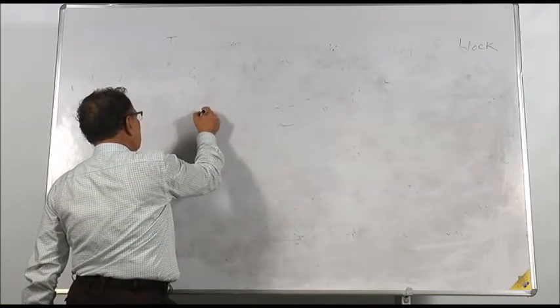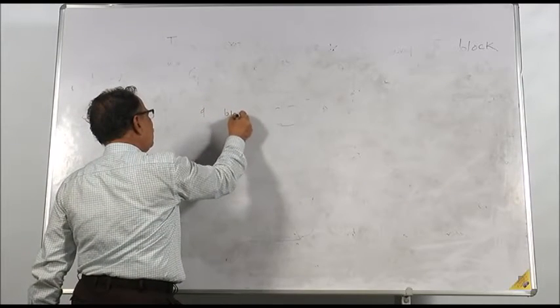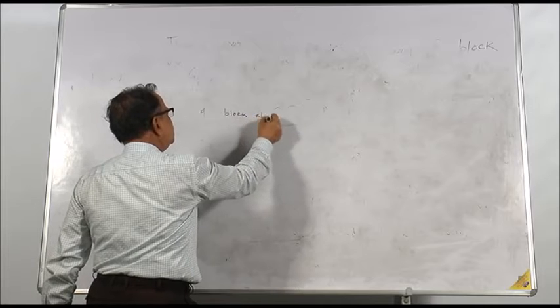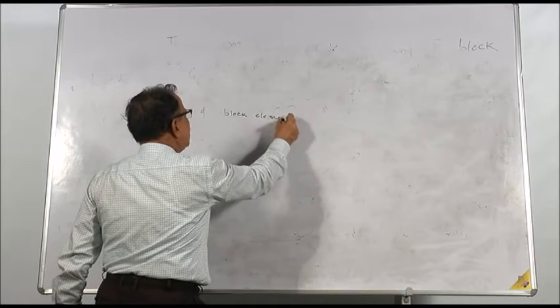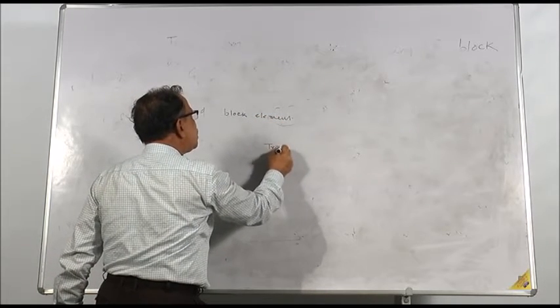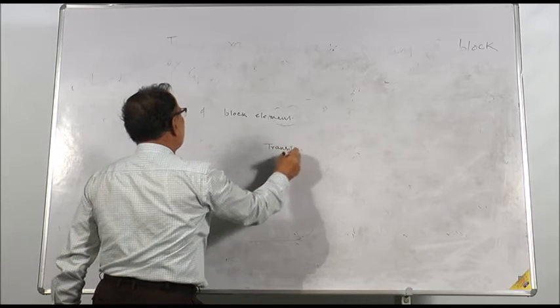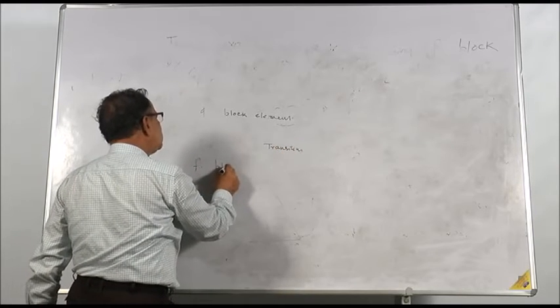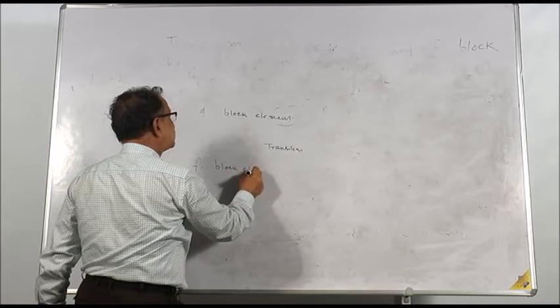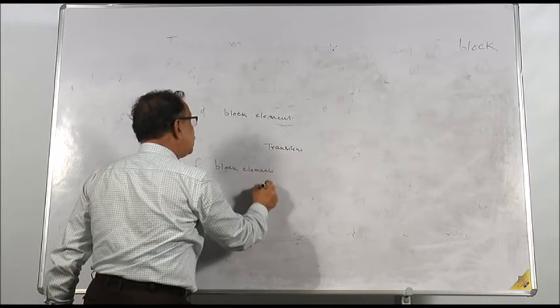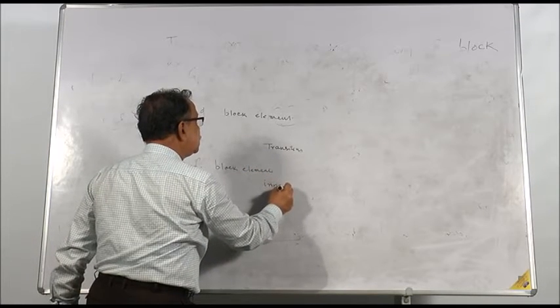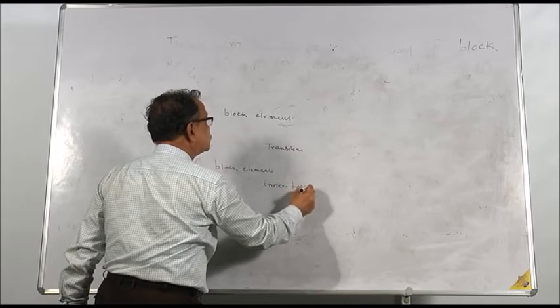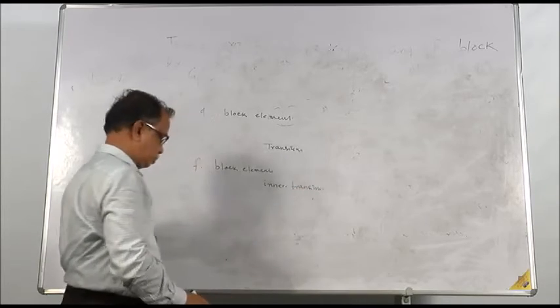D block elements are called transition elements, whereas F block elements are called inner transition elements. Transition and inner transition.